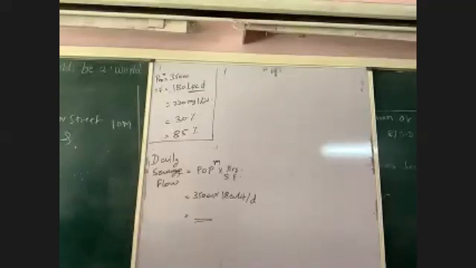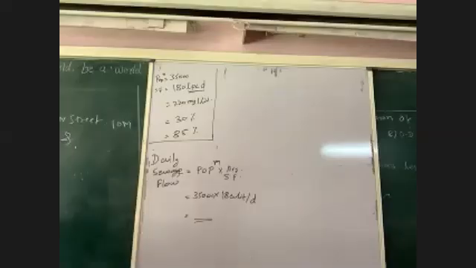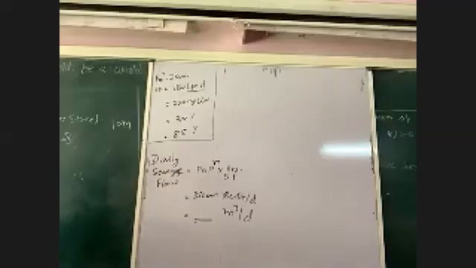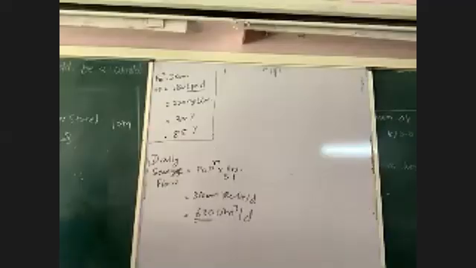Write it now. 6.3 into 10⁶ liter per day. I will ask you in meter cube per day. Simply meter cube per day. Tell me the answer now. 6,300 meter cube per day.